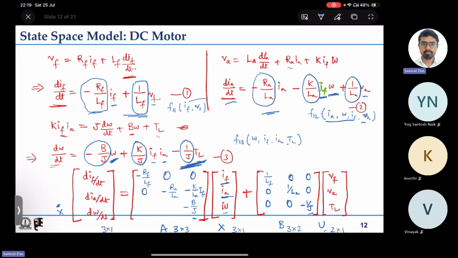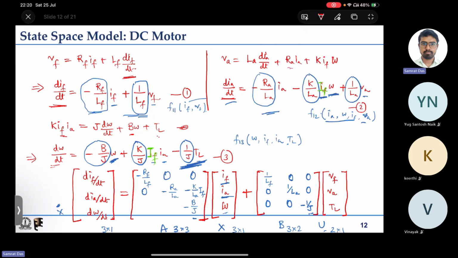It is possible to linearize it or represent it as a linear system with the same assumption as the previous case, that the field current has already reached steady state and there is no change in the field winding current or input voltage during the operation of the motor. So IF becomes a constant quantity and it becomes a function of the armature winding current only.